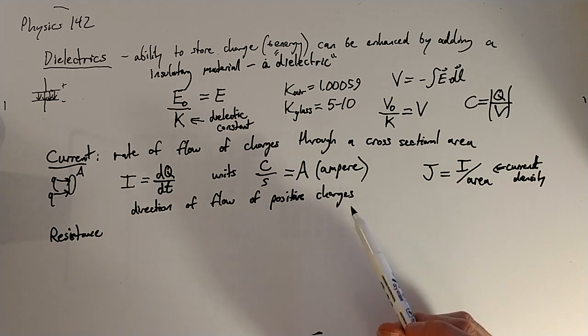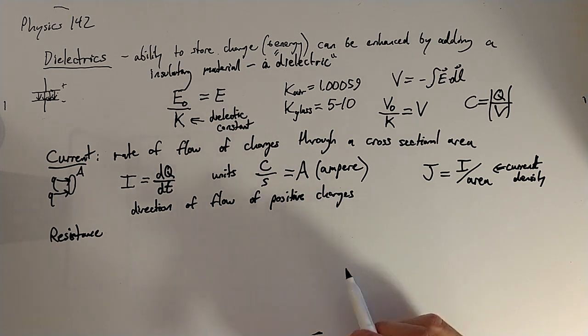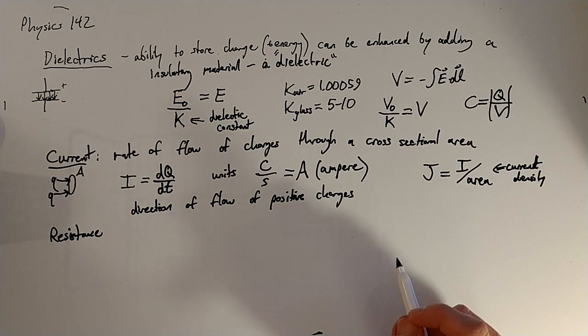So when the electrons are flowing through the wire, they're going to, over time, lose a little bit of energy. And since materials which have current flowing through them lose a little bit of energy, we want to be able to quantify what that loss is.